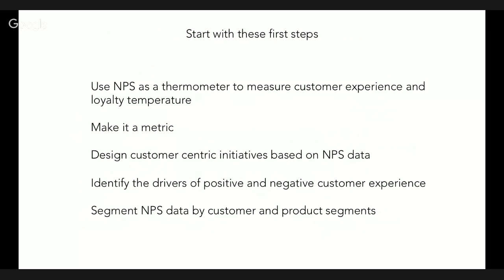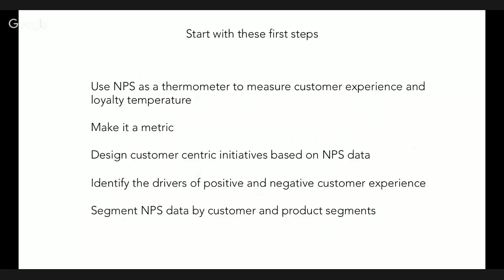Additionally, you can use the NPS data and segment it based on your customer groups. For example, if you are a multinational organization, you should try and compare the NPS score between each geography, and within each geography, you can look at segmentation of your NPS data by cities or by regions within that geography.